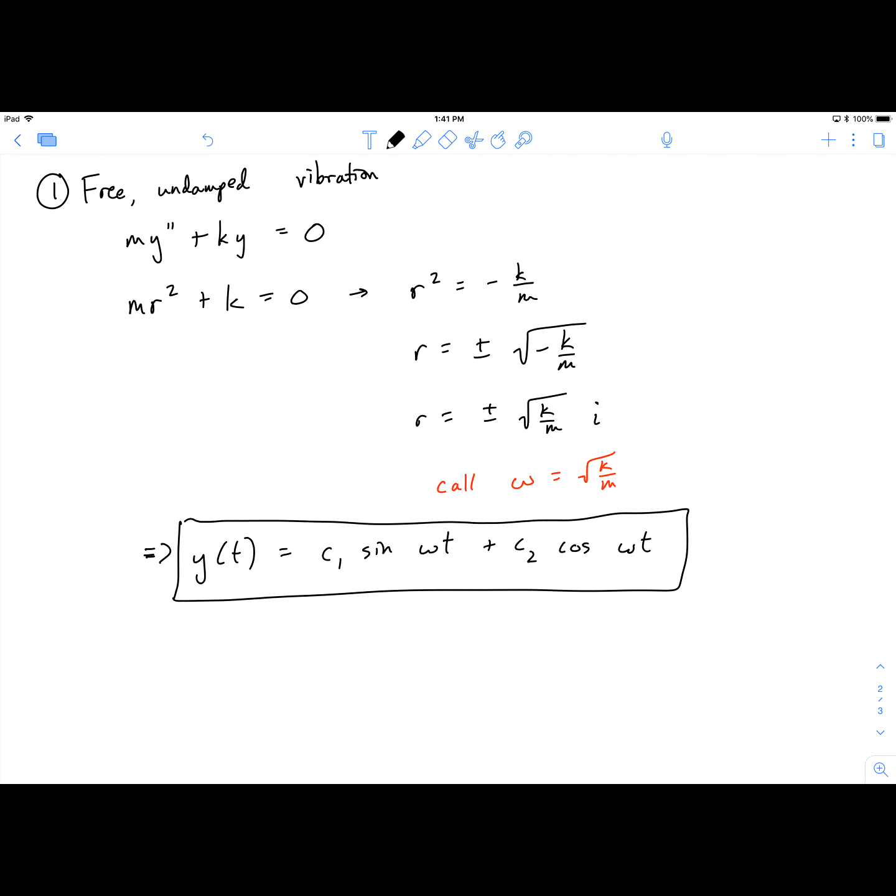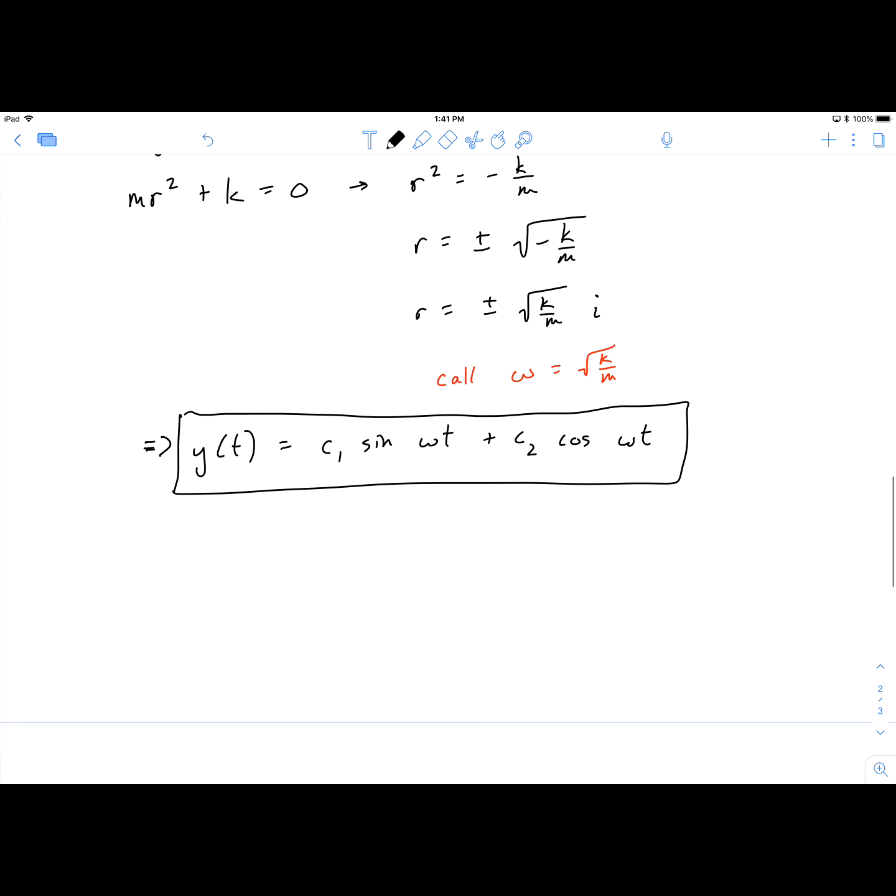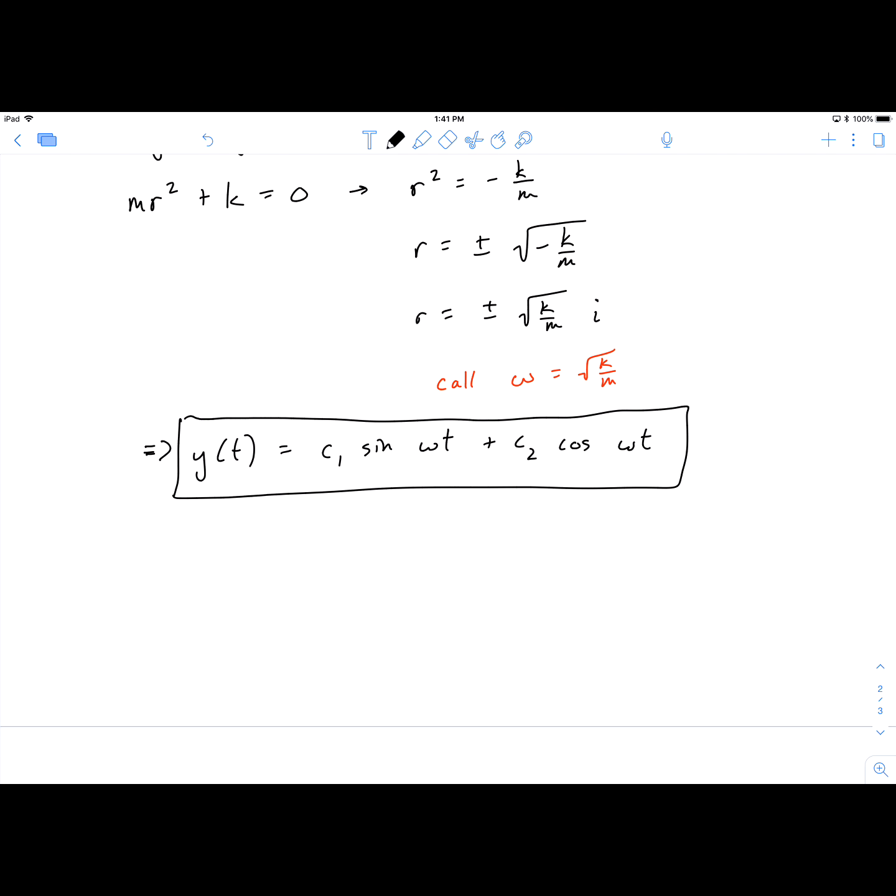There's another way to write down the solution, which may be more convenient sometimes, and we'll show an example perhaps where it would be more convenient. I'll leave some of the details of this algebra to you, or you can look them up in the textbook, but it turns out that you can also write it this way. And if you remember your pre-calc class, this should look familiar, hopefully.